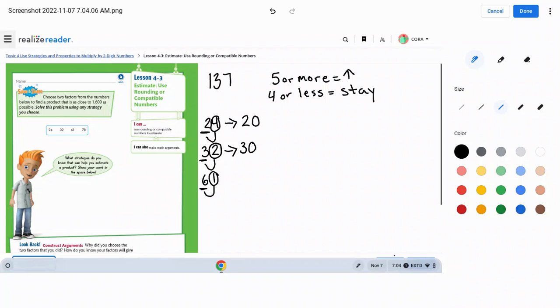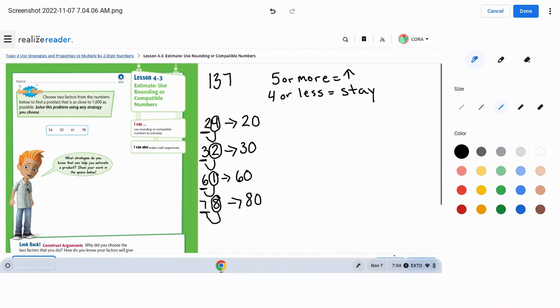The 1 is telling my 6 to stay. So 6, and then the 1 becomes a 0. And then the last number is 78. Looking at the tens place, 8 is the bossy neighbor. 8 is 5 or more, so that's going to tell my 7, hey, you need to go up. So the 7 is going to become an 8, and then we put a 0 on the end.